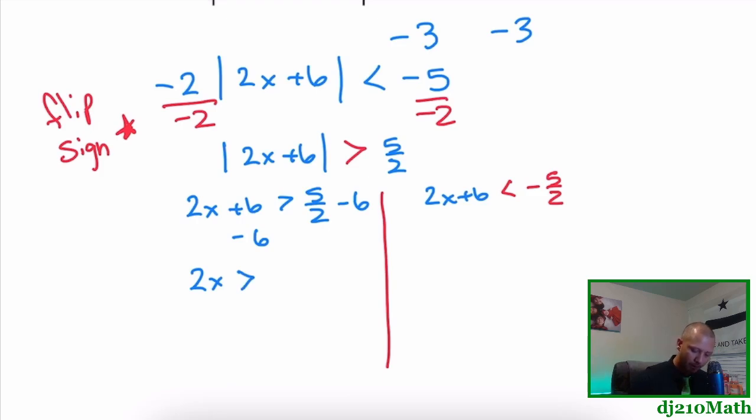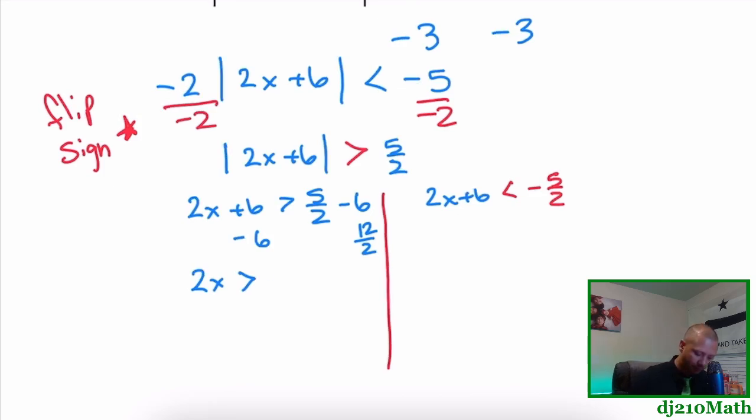So do we get a common denominator? We can get a common denominator of 2. So this would be 12 over 2. Right, 6 is equivalent to 12 over 2. So 5 over 2 minus 12 over 2 is -7 over 2.